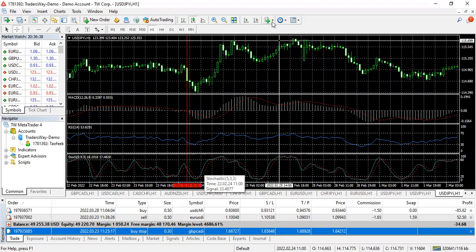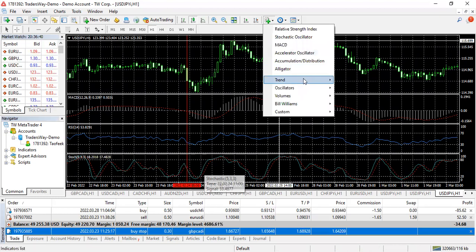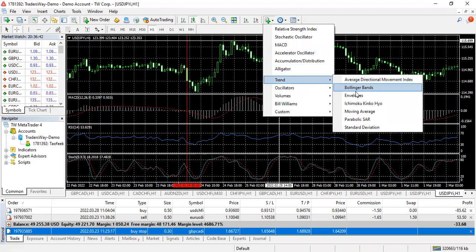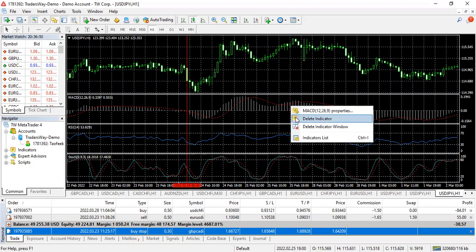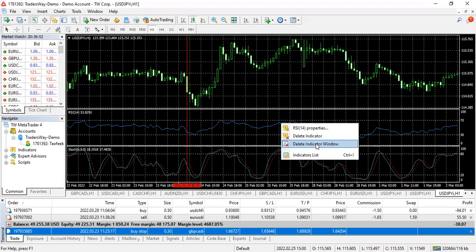So let us go to lagging indicators. So we have trend. All indicators that are lagging are trends. They are trend following indicators. Also, let me remove all these indicators so that we can see it clearly.